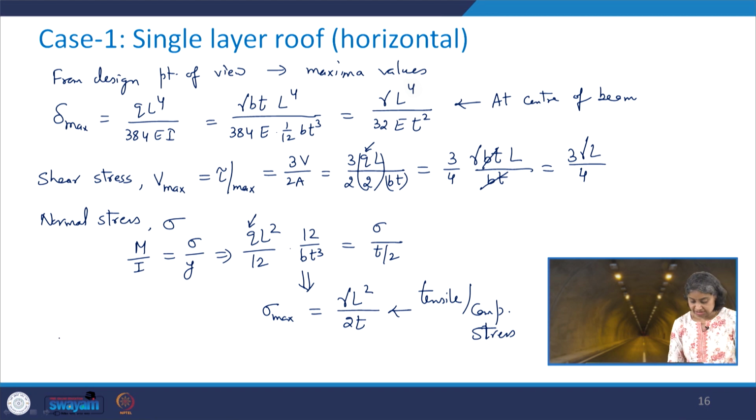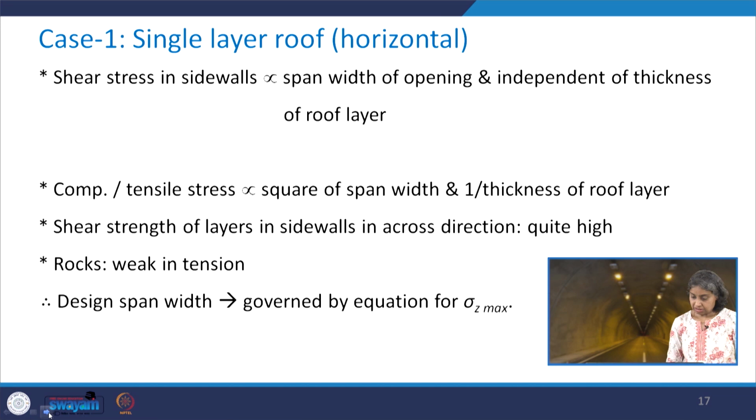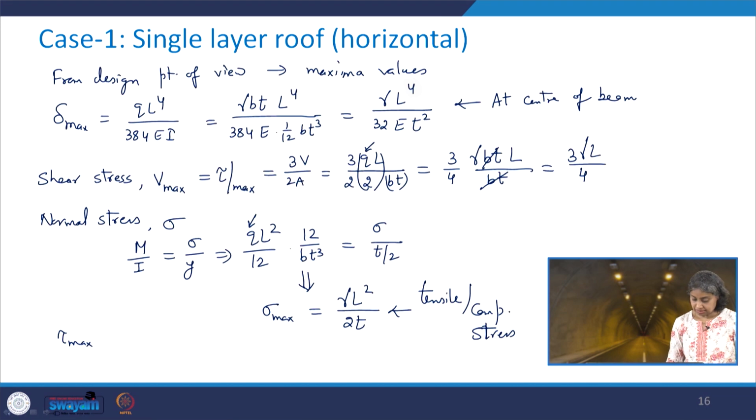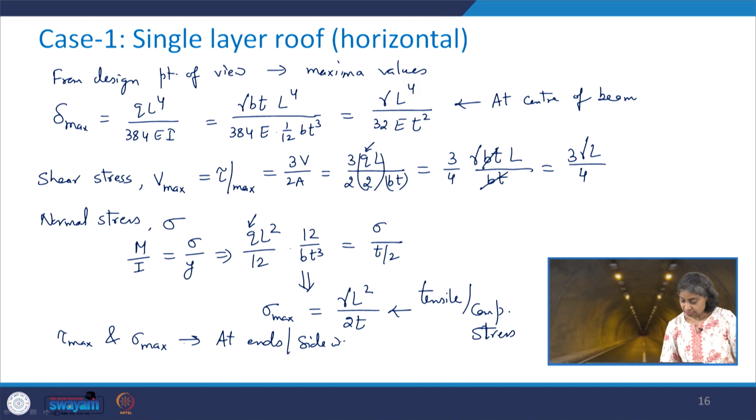So, basically this tau max and sigma max will be occurring at the ends or the side walls.